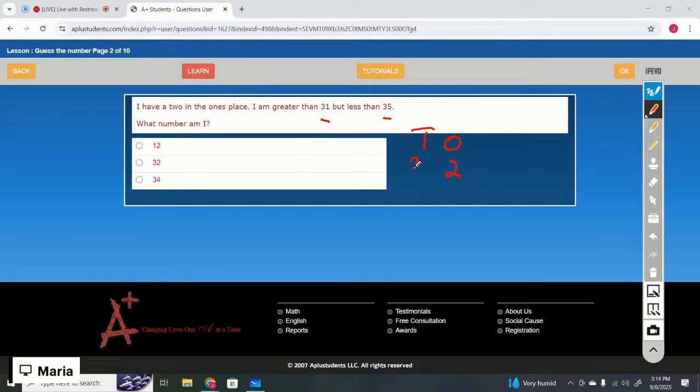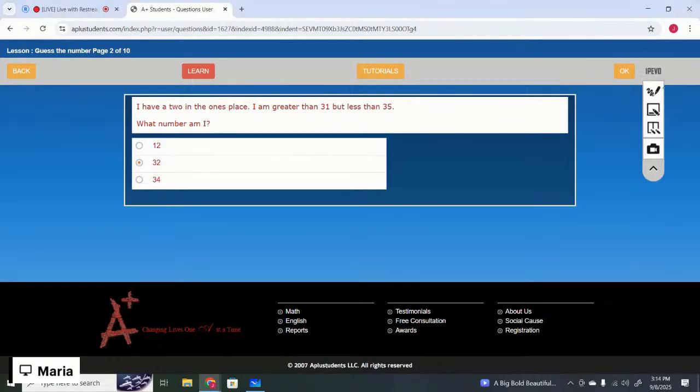So greater than 31, it is only 32. That is 32. Option number 2 is the correct option.